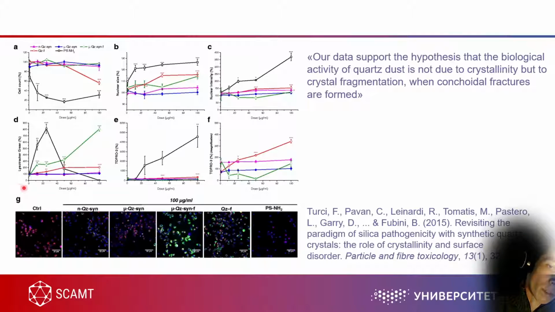Because, for example, on this plot there are a lot of them, but you can see that some of the particles are quartz particles, different kinds of quartz particles. Most of them, in this particular paper, are non-toxic, but just one formulation was toxic due to its crystal structure.